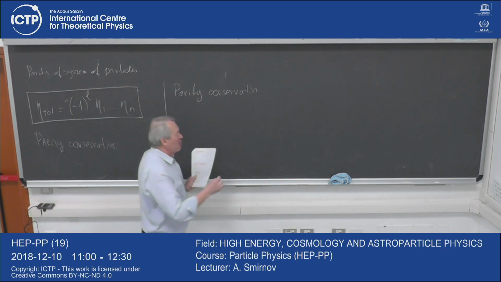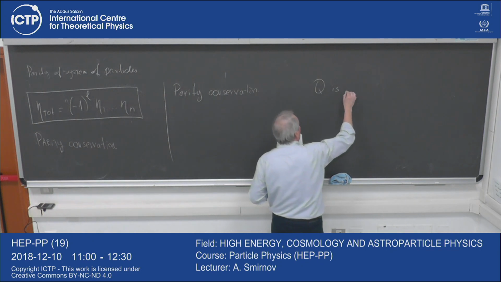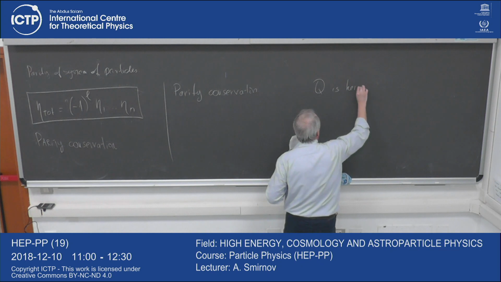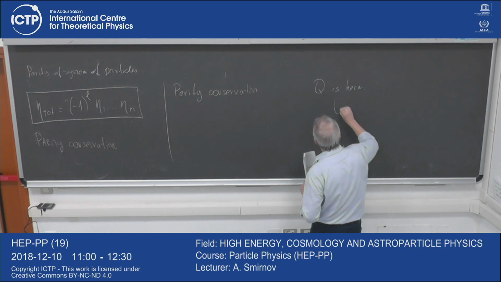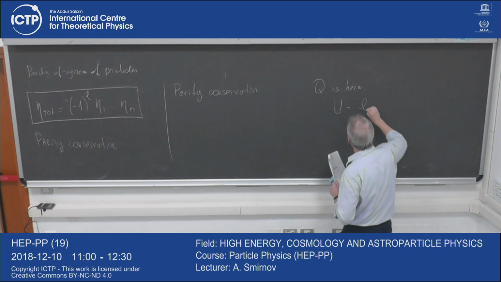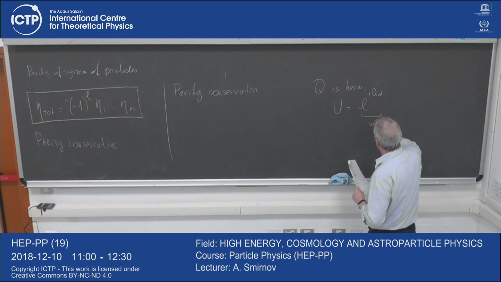Before, what I was using is that Q is a Hermitian operator, remember? And in this case, the transformation which is given by exponent i Q alpha will be unitary.